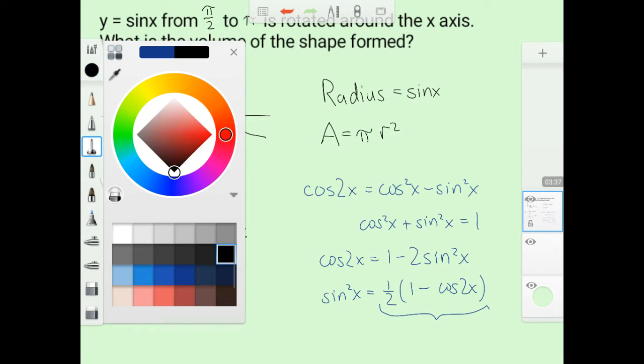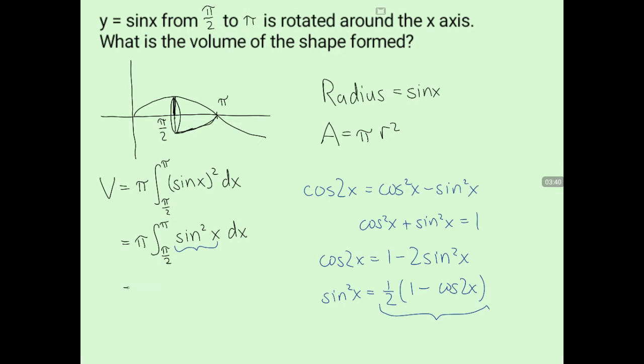Let's do that. What we are going to get as a result is pi times the definite integral from pi over 2 to pi of 1/2 times (1 minus cosine 2x) dx.